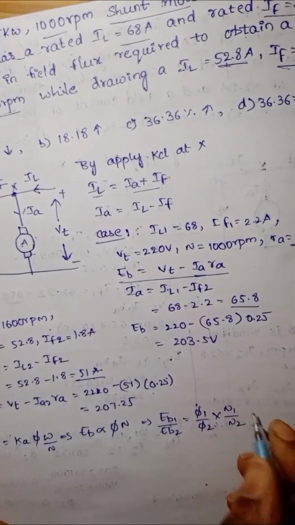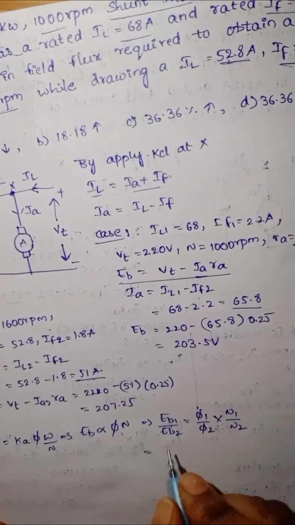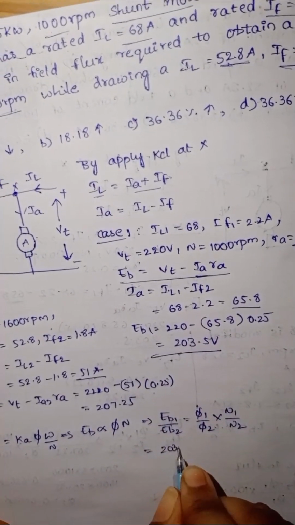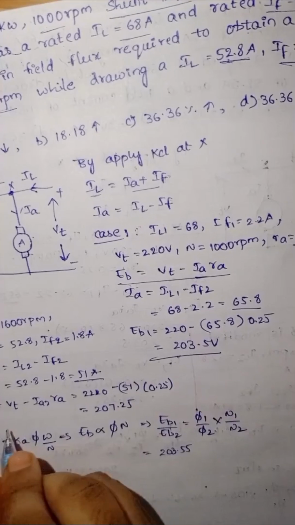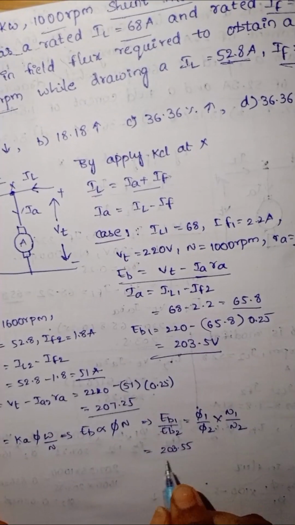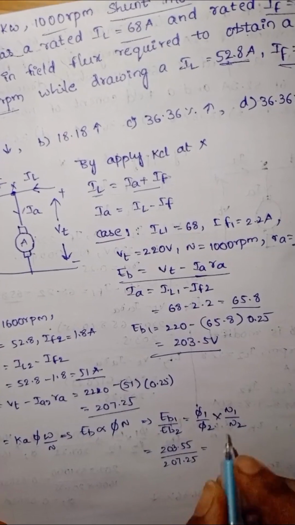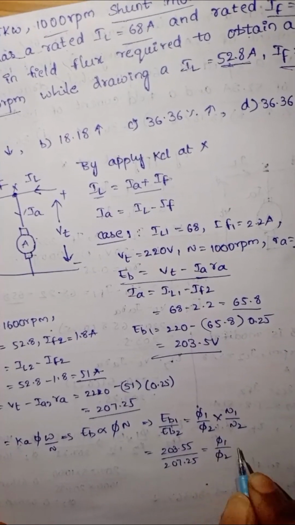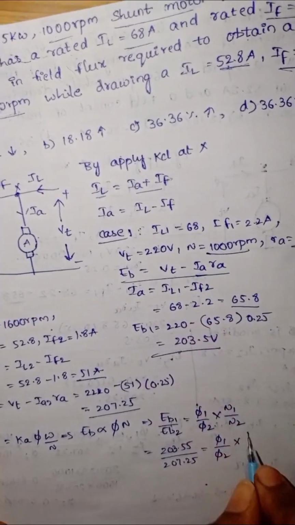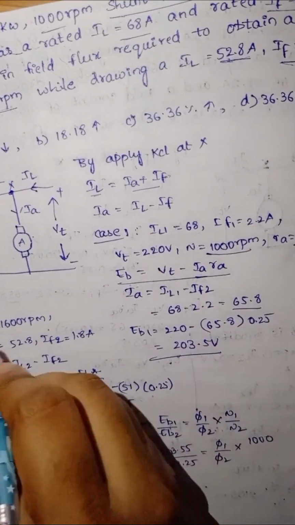Here EB1 we got 203.55, and EB2 we got 207.25. Phi1 by phi2, previously speed is 1000 rpm, N2 is 1600 rpm.